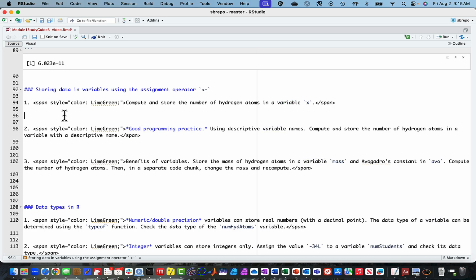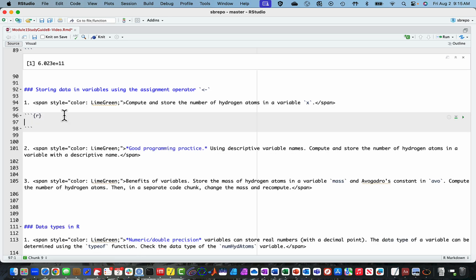And the way you can store some data in the random access memory for use later in calculations is by assigning some data to a variable. And the way you do that in R is with the assignment operator.